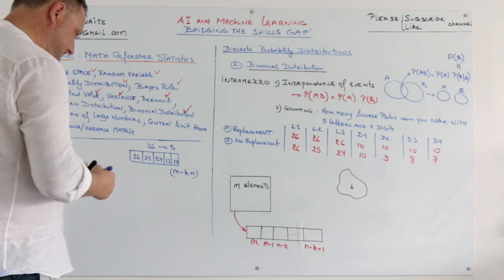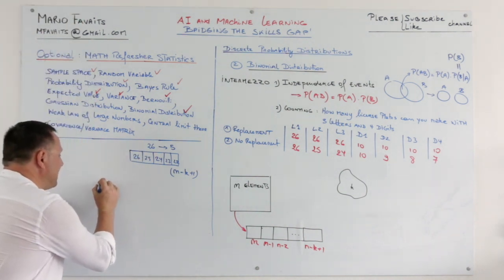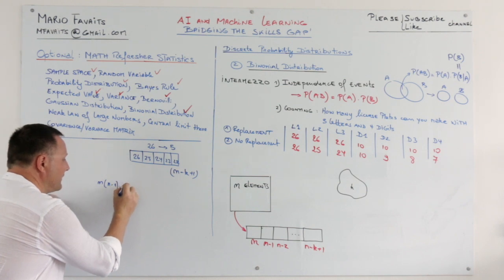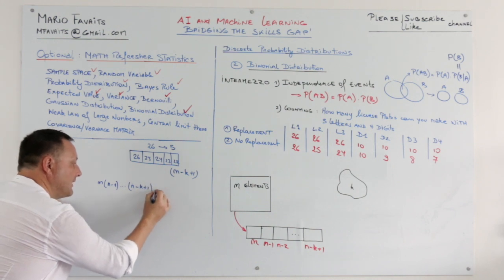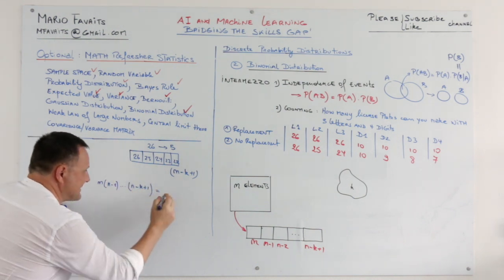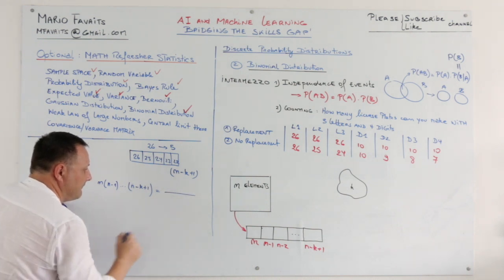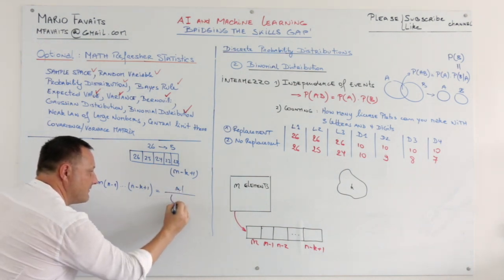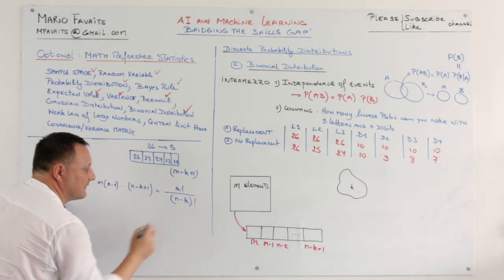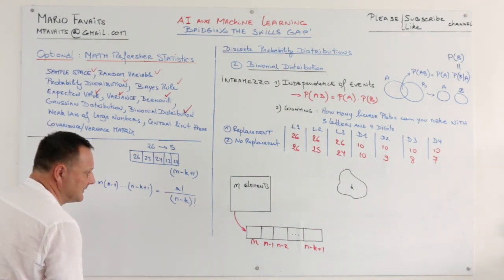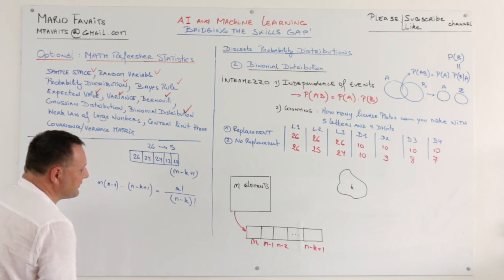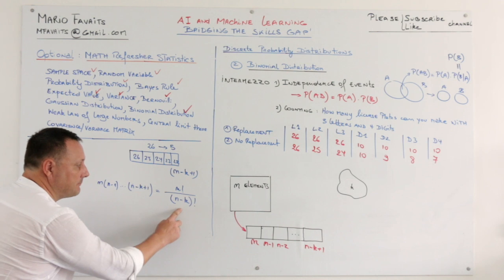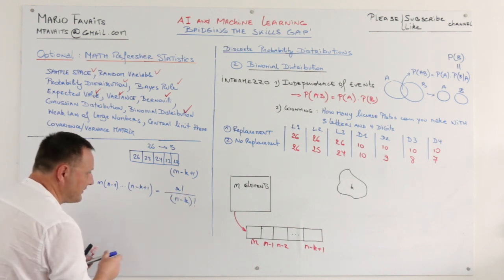If we look at it, n times n minus 1 down to n minus k plus 1 is the same as n factorial divided by n minus k factorial. Factorial, not faculty. Because you can see that a lot of numbers will disappear in this case. The way we're going to prove it is to calculate it.